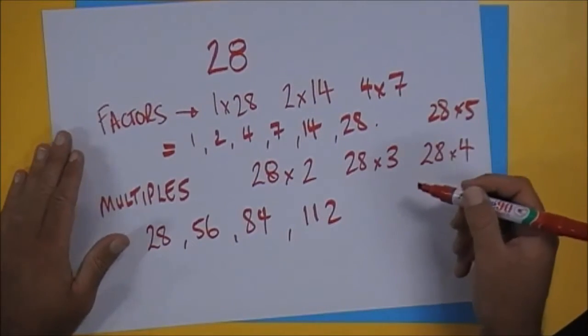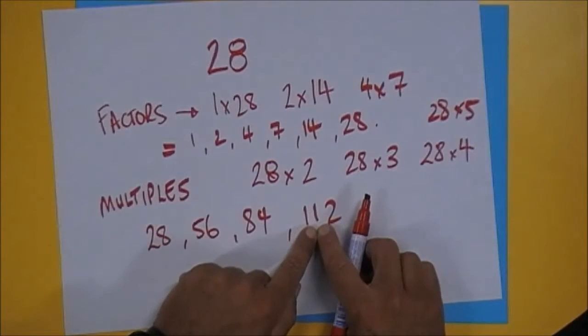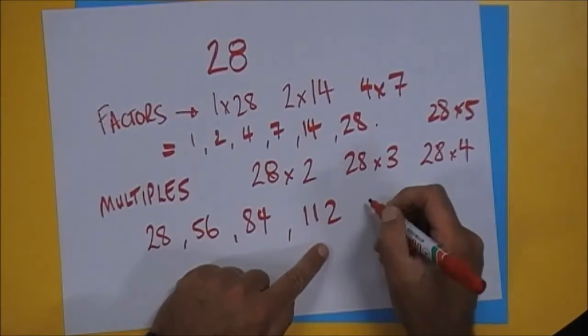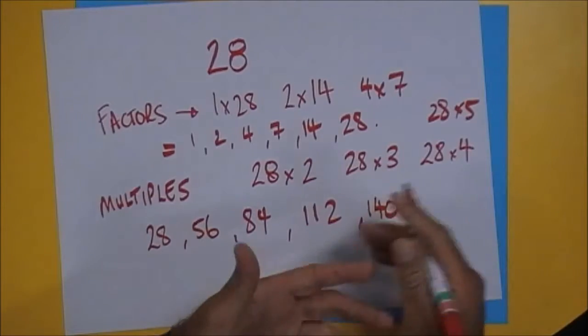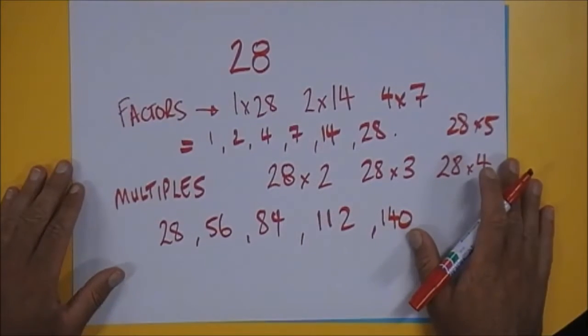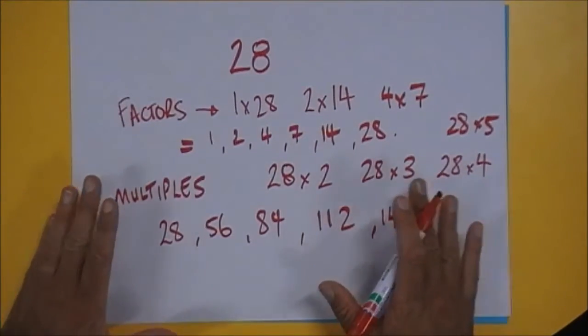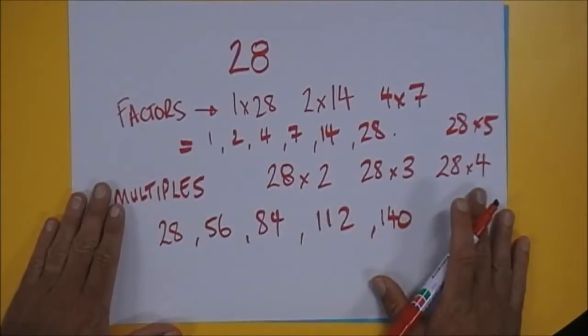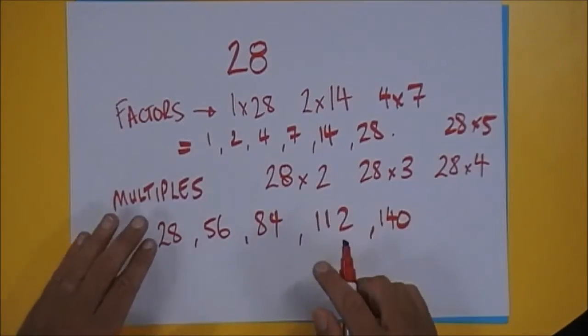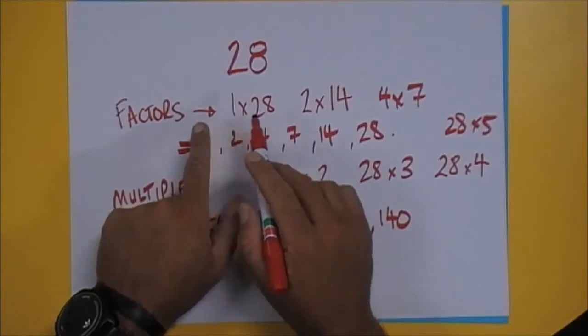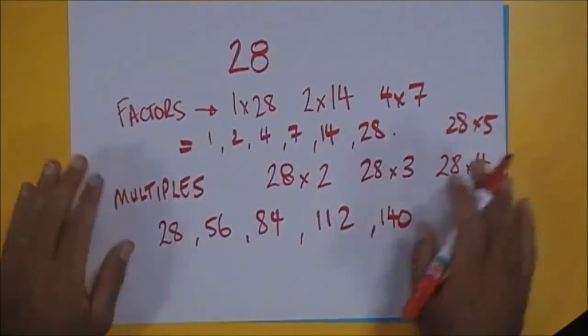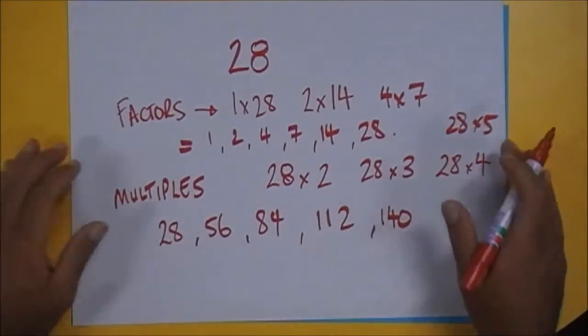Well, if I know that 28 times 4 is 112, and then just 28 more, that would make 140, a multiple of 28. I hope that might have helped you in thinking around factors and multiples. Remember, the factors are the numbers we could multiply to make a number. The multiples are the numbers you would get.